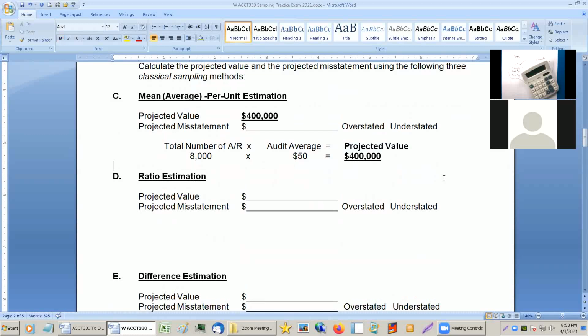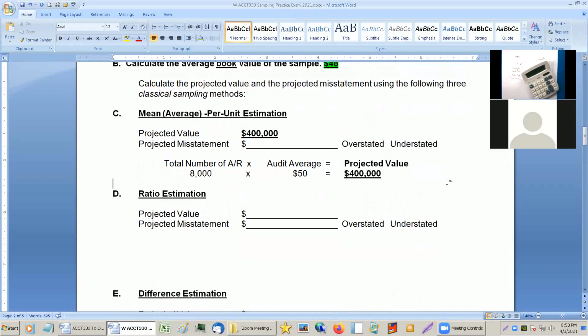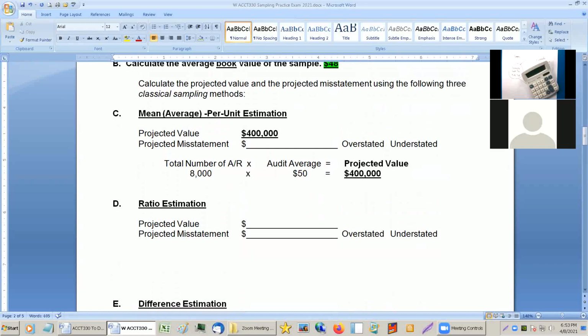Okay, now how much is the misstatement, and is it an overstatement or an understatement? Would it be a 20,000 understatement? Yep. So we compare it to the total book value.